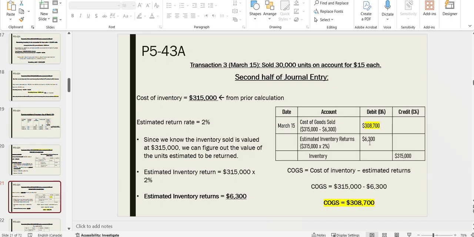Why do we debit it? Because we estimate they return some amount of our inventory, and our inventory goes up for this amount, $6,300. So we debit it. So the cost of goods sold is $308,700.